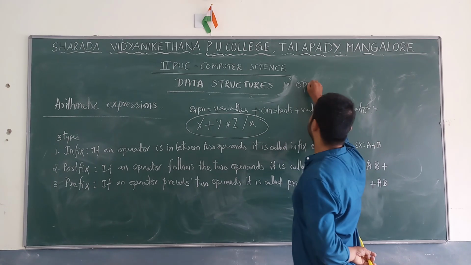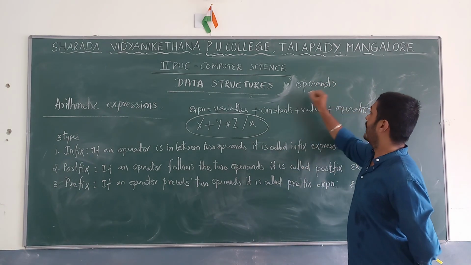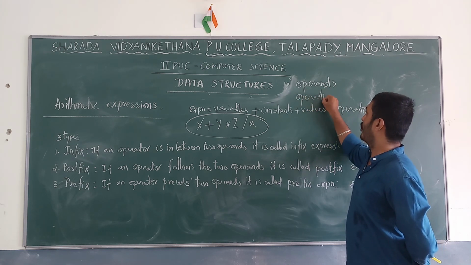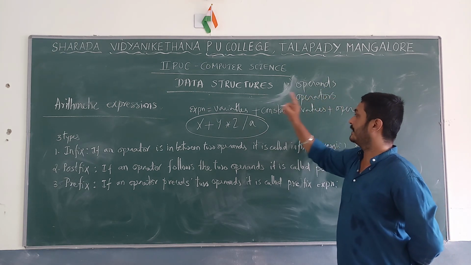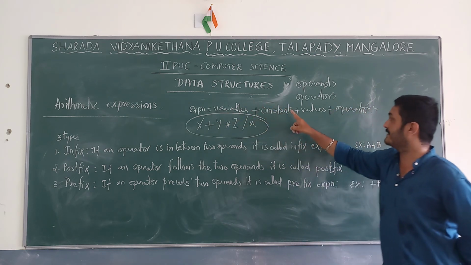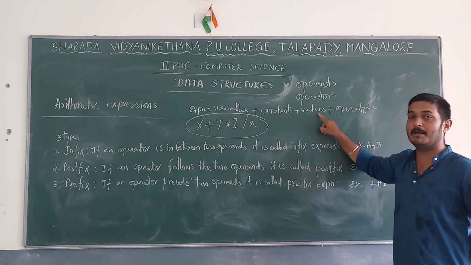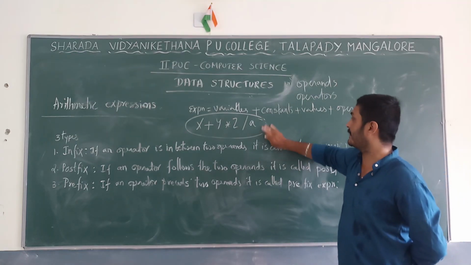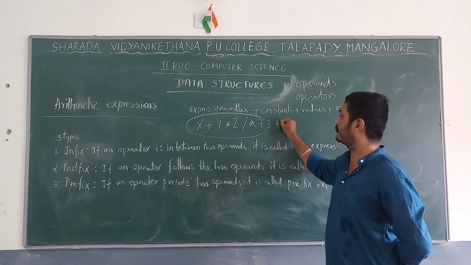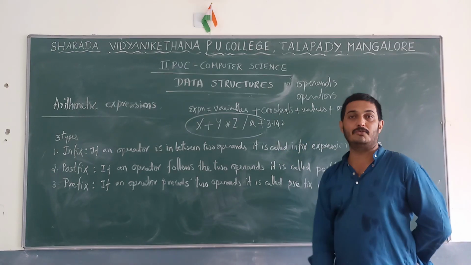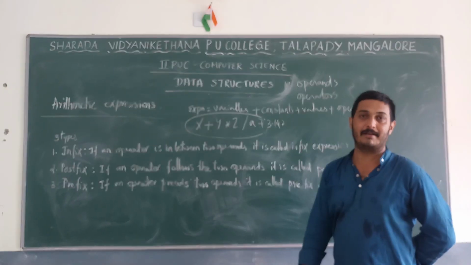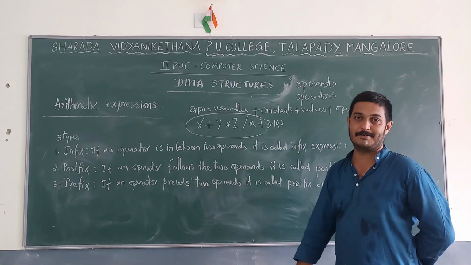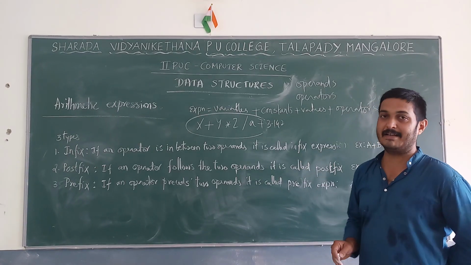So operands and operators. Operands may be variables or constants, or some values also. Sometimes we can write like 3.142, which means 22 divided by 7. Like this also we can represent. These are about arithmetic expressions.